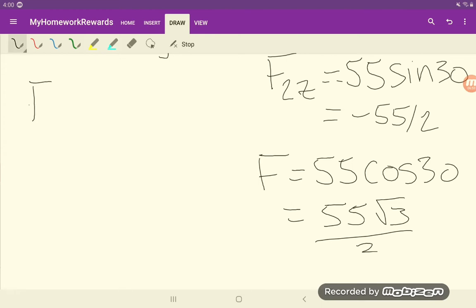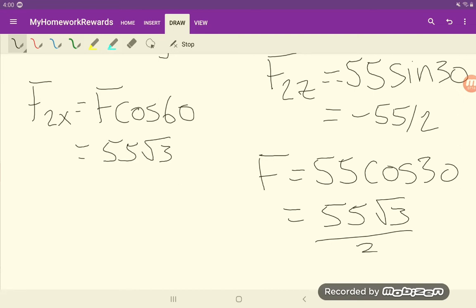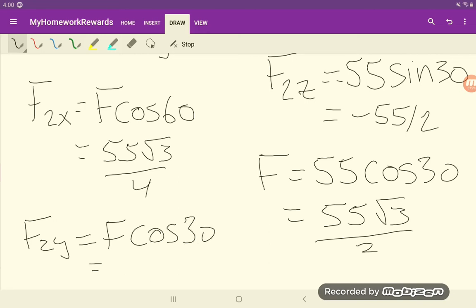So that means that f2x is going to equal f times cosine of 60 degrees. Now, keeping the exact form of f, we end up with 55 root 3 over 4. And f2y is going to equal f cos 30 degrees.